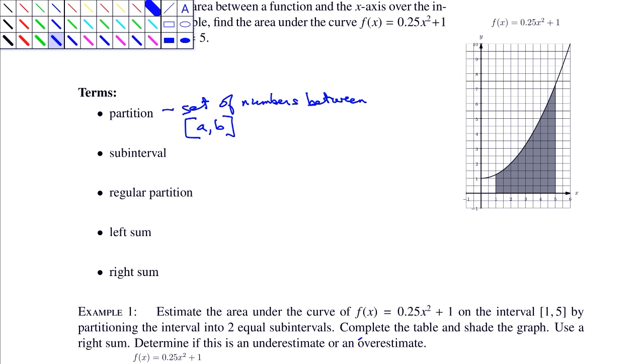All right, subinterval. That is an interval created by consecutive partition points.